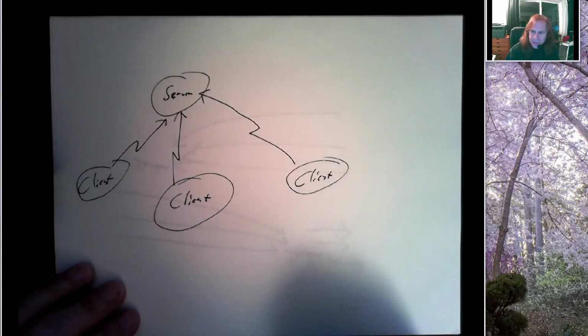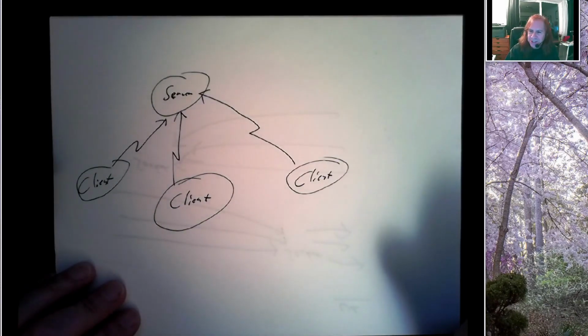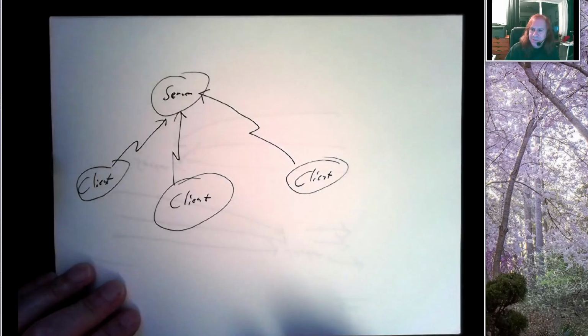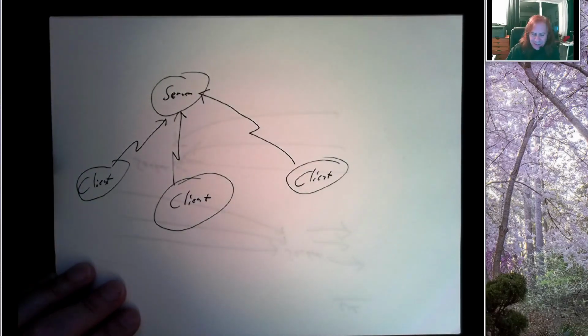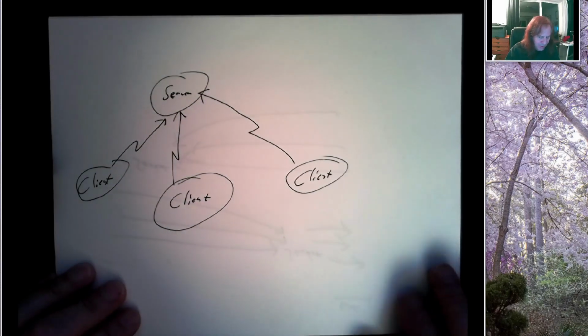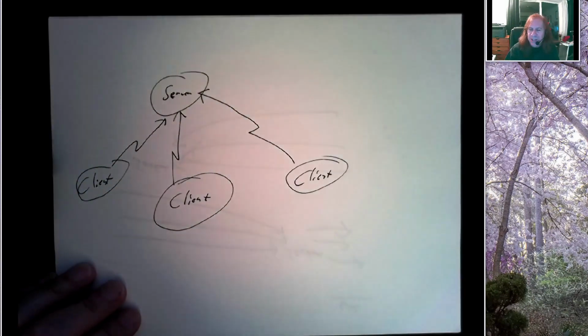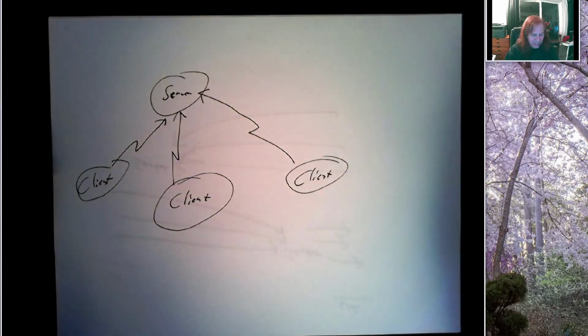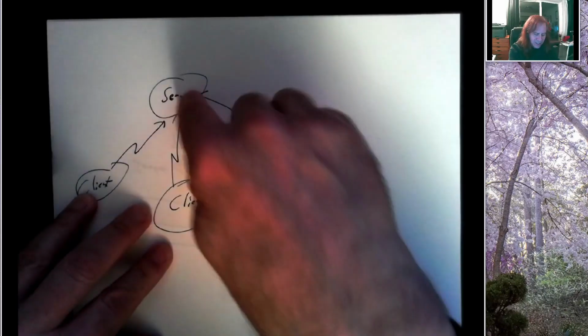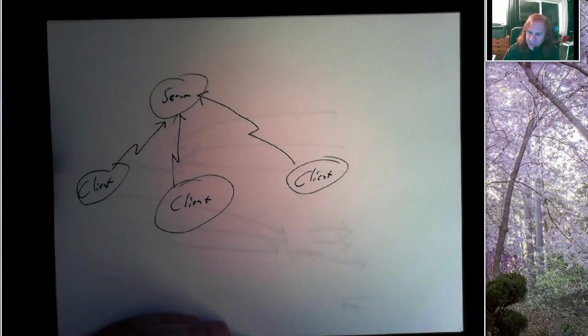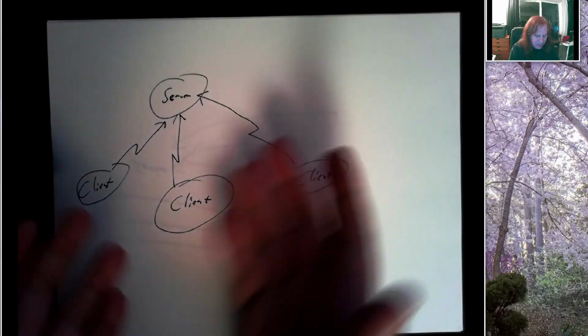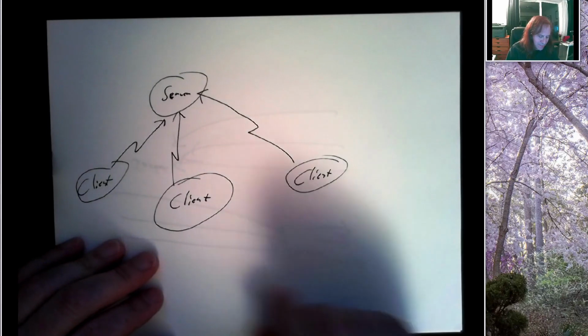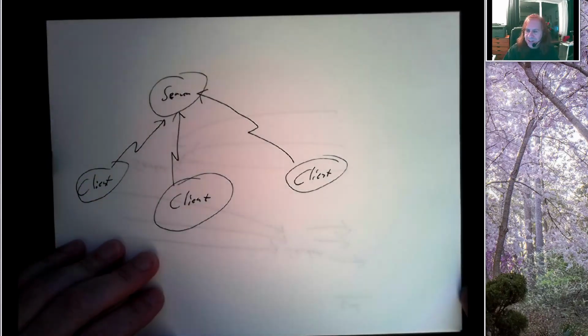When somebody wants a web page from a machine, instead of going directly to the machine's hard drive and requesting it, you talk to the web server and say, hey, I want this file called index.html. The web server knows where that is, knows if people are allowed to see that page, and will take the page and send it out. Multiple clients can connect to that one server and all get processed simultaneously, but it's being controlled very carefully by this centralized connection point. So that's a web server.